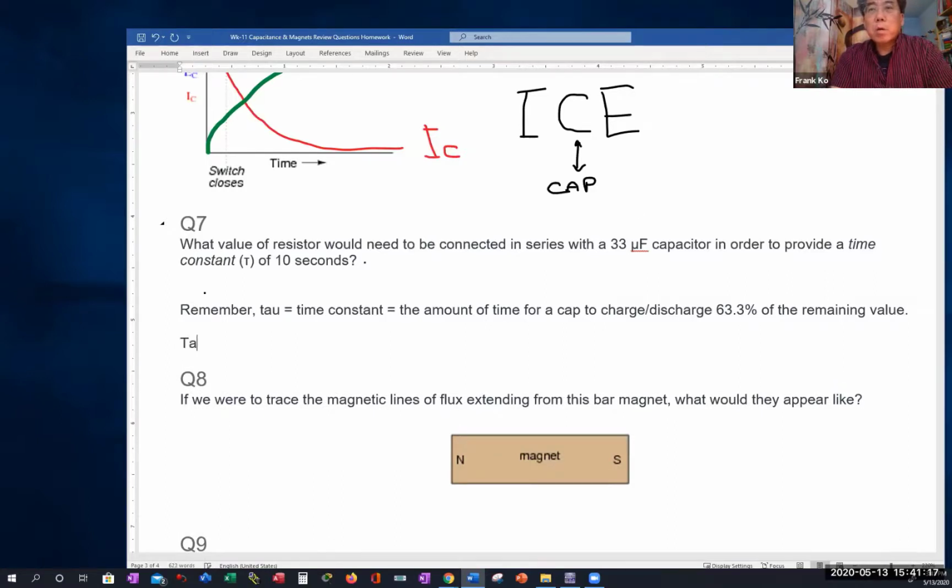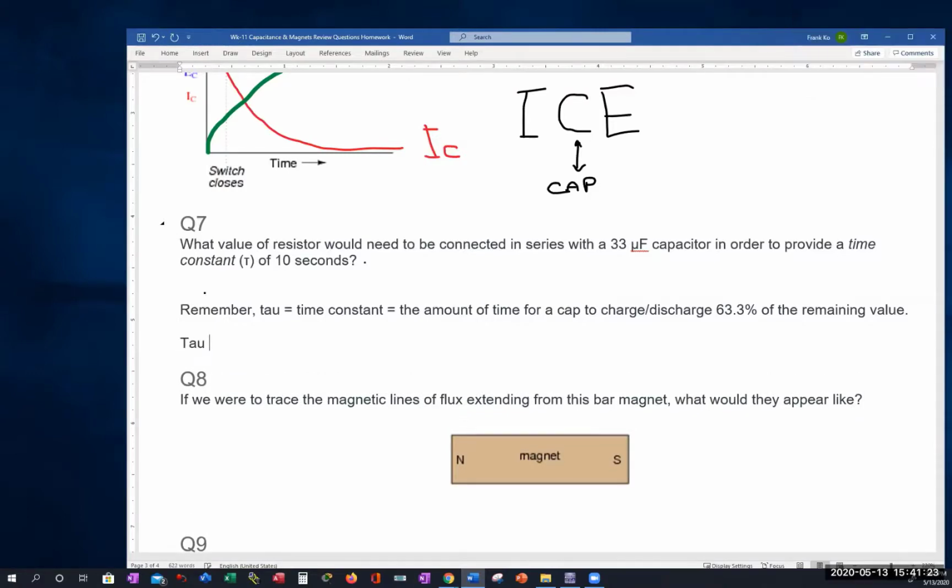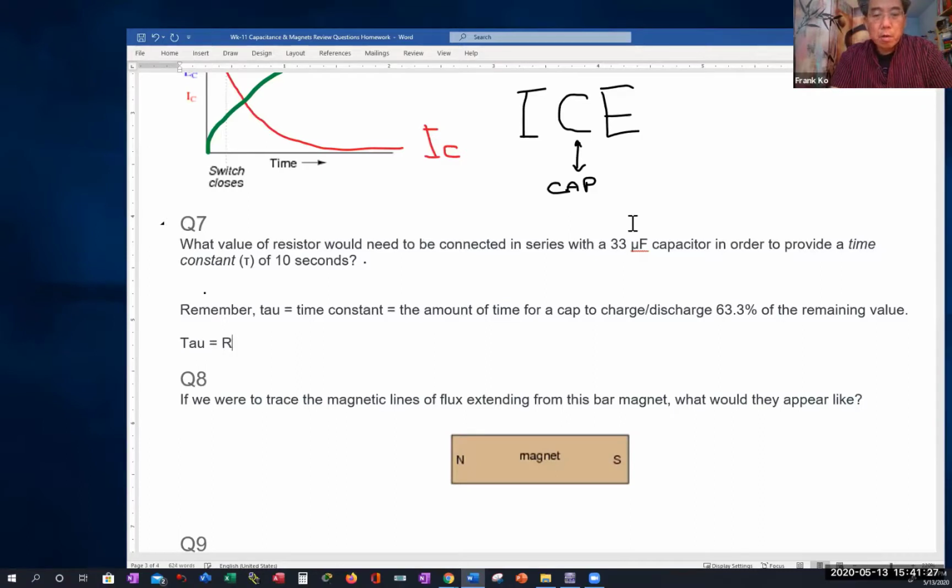Tau is equal to R times C. So do we have a formula for tau? Tau is equal to R times C.